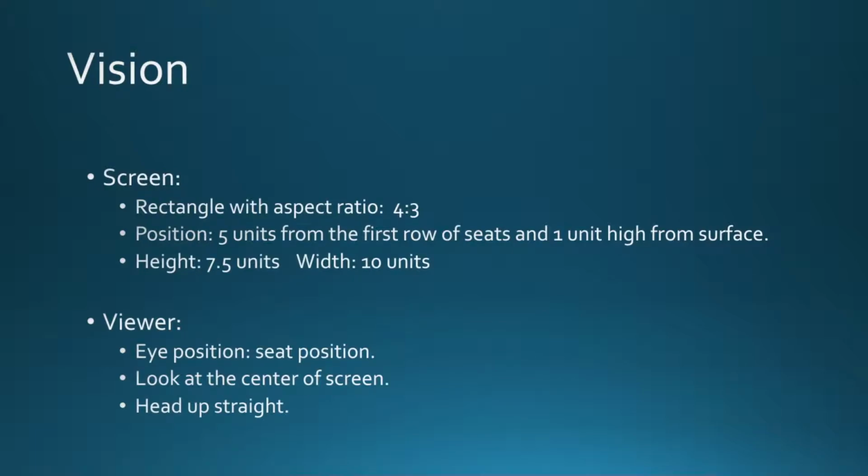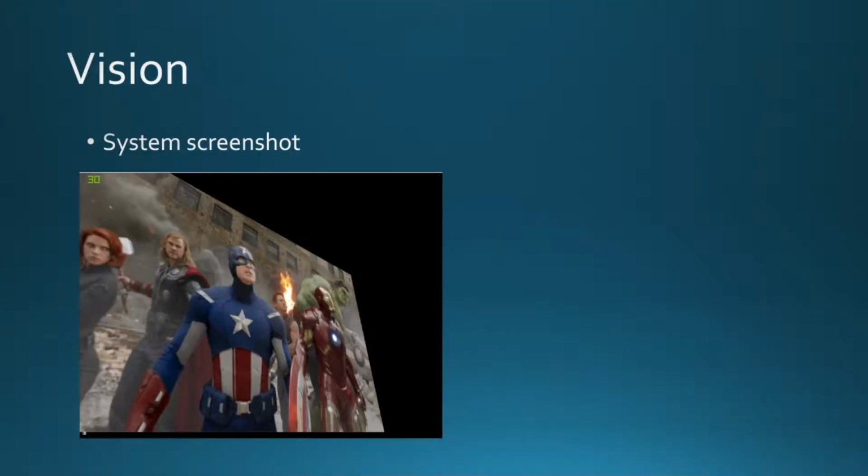The viewer's eye position is the same as the chosen seat, and looks at the center of the screen with head up straight. These are screenshots when users choose the left front seat and the center seat.